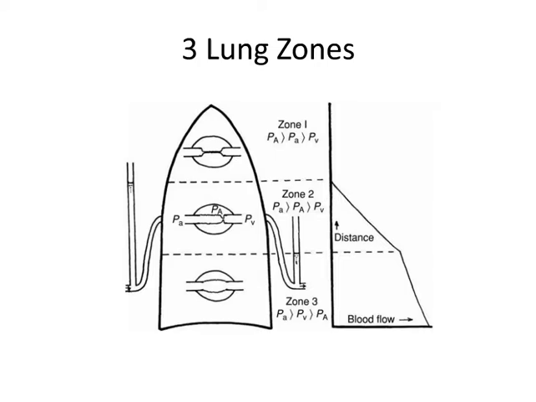The message to glean from this and the last two slides is that VQ matching in the normal upright lung is pretty good, with a distribution of most of both ventilation and perfusion going to the lower portions of the lung.